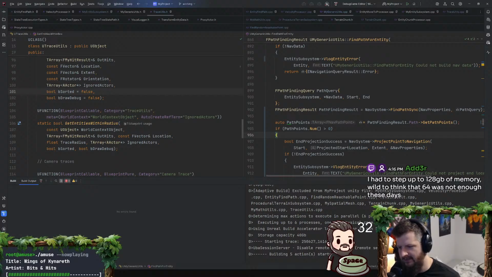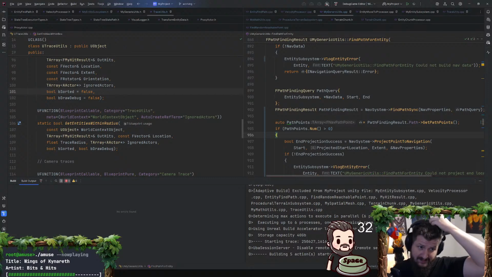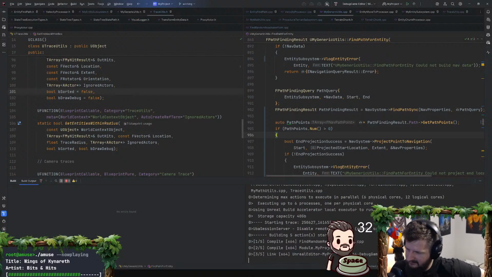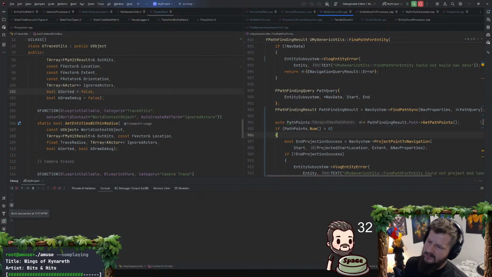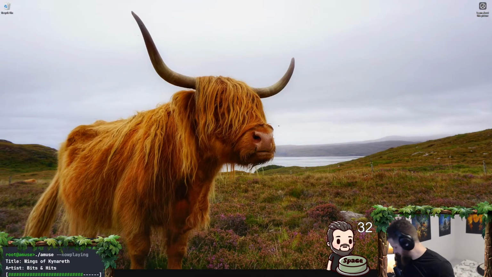If I'm gonna be doing game dev and trying to stream it, building with only 32 gigs of memory wasn't going that fast. It's still not really going that fast. Sometimes the builds are just kind of slow.